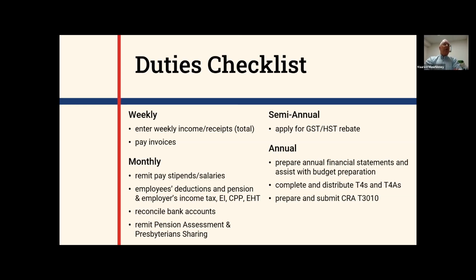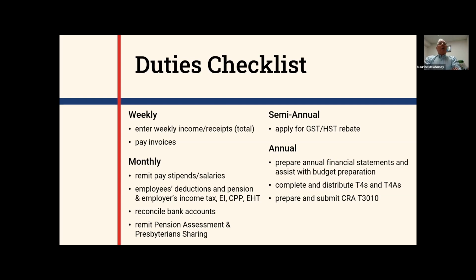Depending on the record that you have with the CRA, they may allow you to do it quarterly rather than every month. But that's up to the CRA, and they will tell you on an annual basis whether you can do it quarterly or monthly. Making sure that the bank account is reconciled, making sure that you've remitted all your assessments, the pension assessments and Presbyterian sharing.